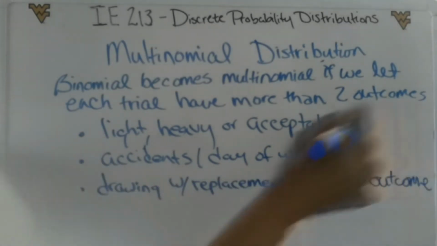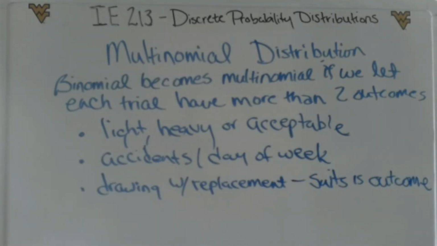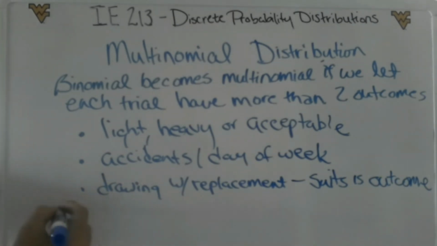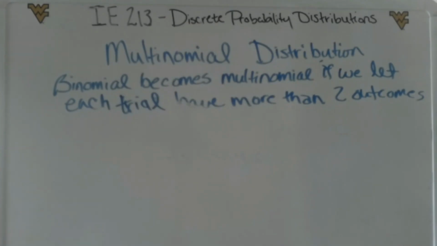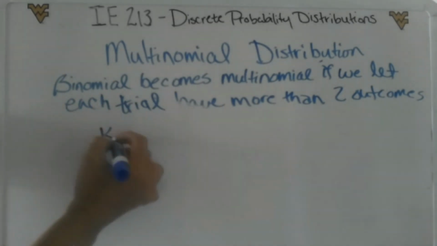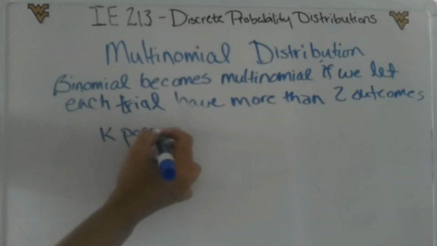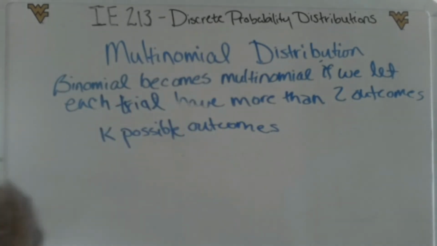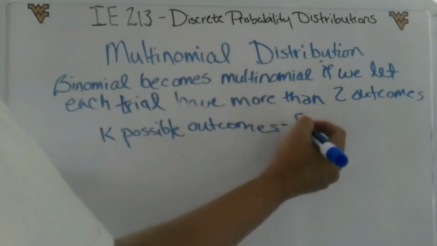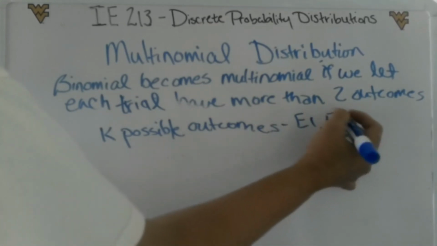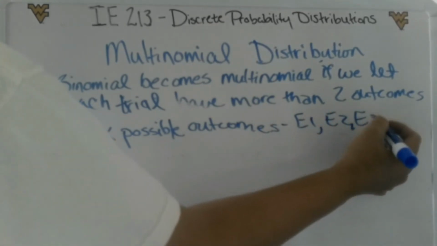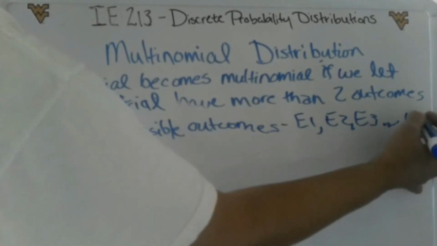When you look at a multinomial, a given trial can result in any one of k possible outcomes. We'll call those outcomes E1, E2, E3, all the way up to Ek.